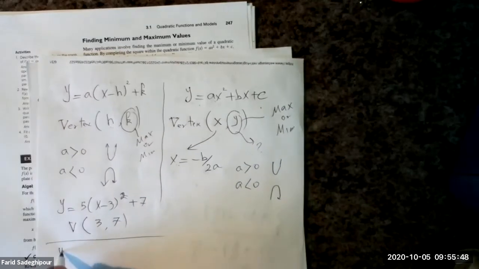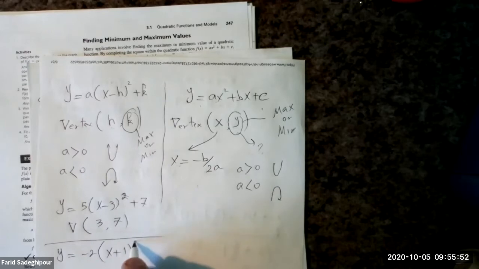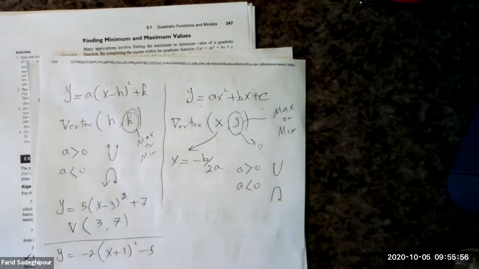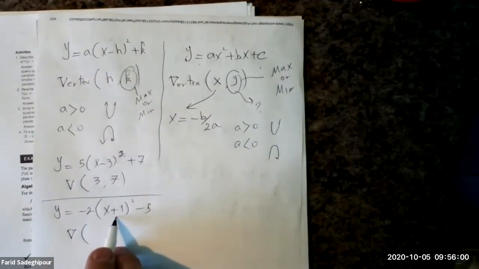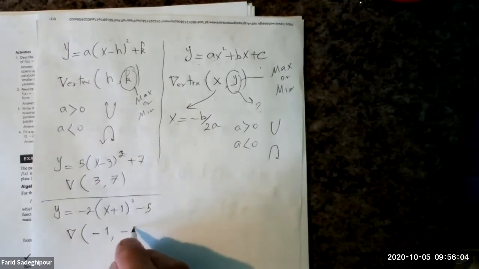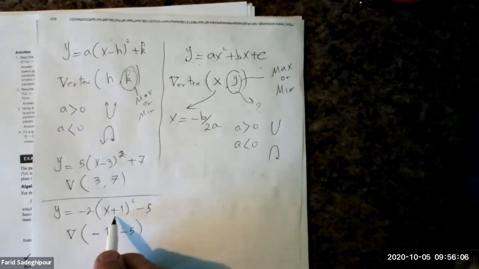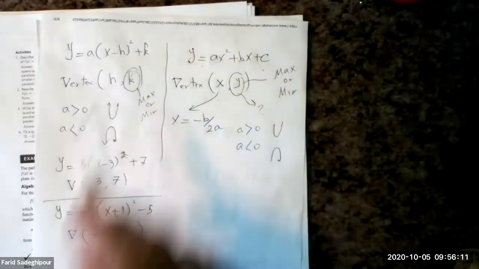Well, let's say you have an equation like that. What are the coordinates of the vertex? Opposite of this number, −1 and −5. The second one is okay. It's just the first one should be the opposite of that. That's how to find the vertex if it's written in this form.